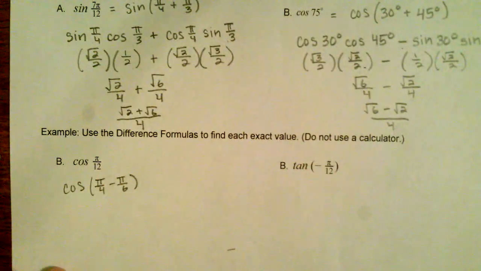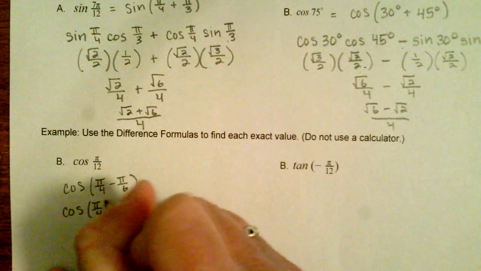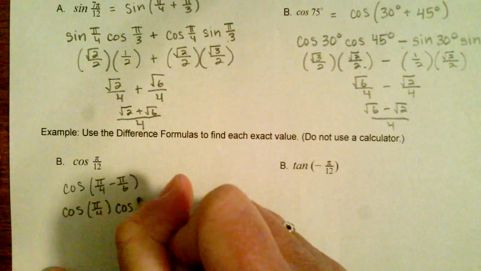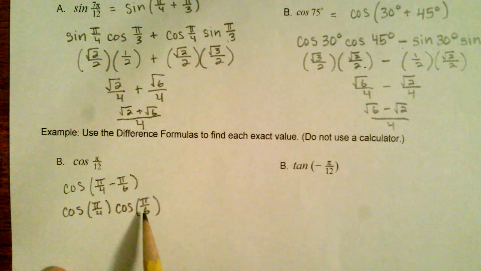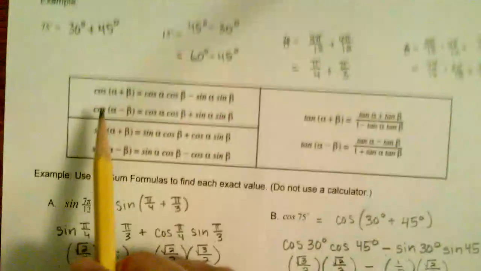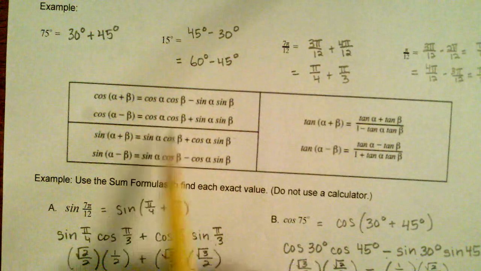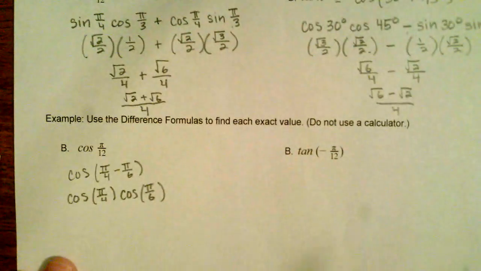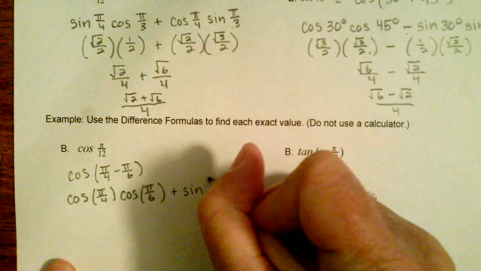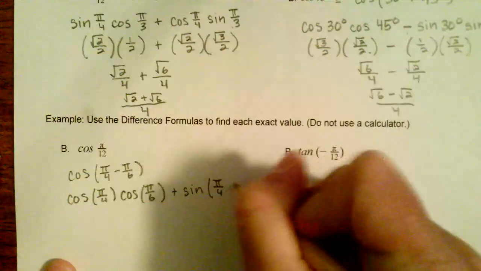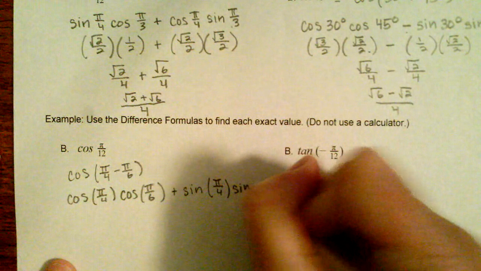Okay, so that shows me that it's the cosine of the first angle times the cosine of the second angle. Notice it's not a negative. Okay, the formula says that for the negative, we use just whatever the angle measure is. Okay, and then this is plus the sine of the first angle times the sine of the second angle.